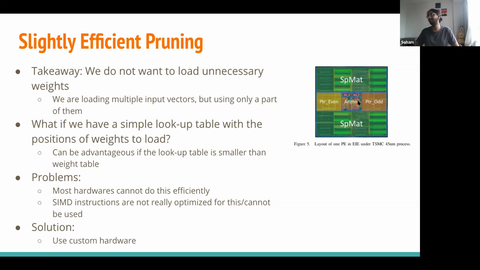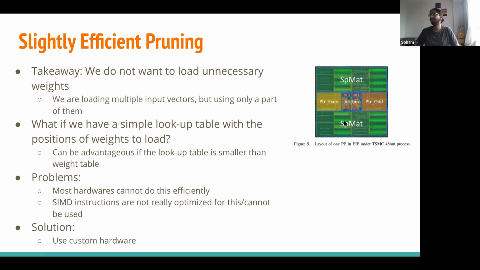This is a custom hardware called EIE, and this is the PE, the processing element of this EIE hardware. It doesn't seem like much, but you can see all of the different transistors in here that do all the arithmetic operations and save matrices and so on.